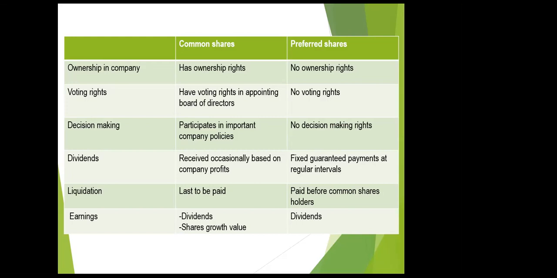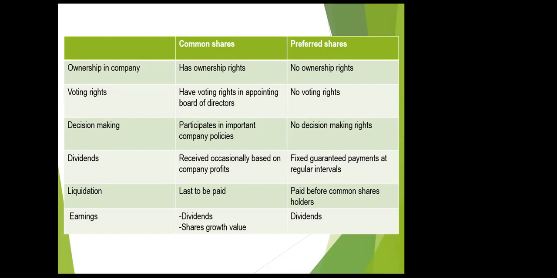For common shares, this is usually what is commonly issued on the market. Once you offload those shares, the entities or individuals that buy them immediately have ownership rights in the company. When you have your annual AGM, they have the right to participate in making decisions.